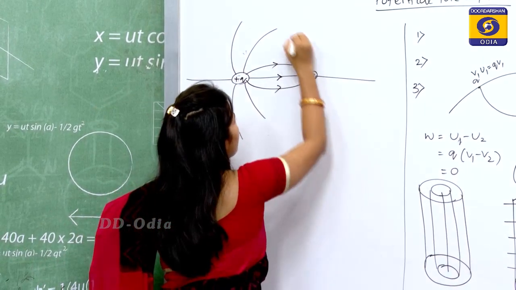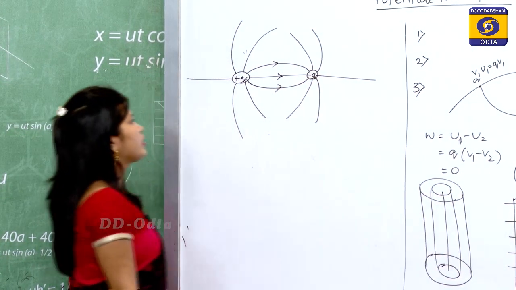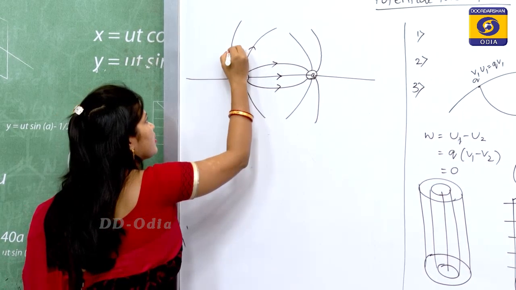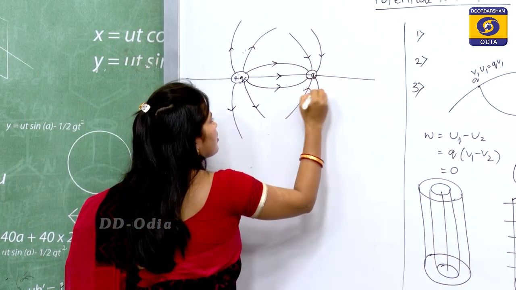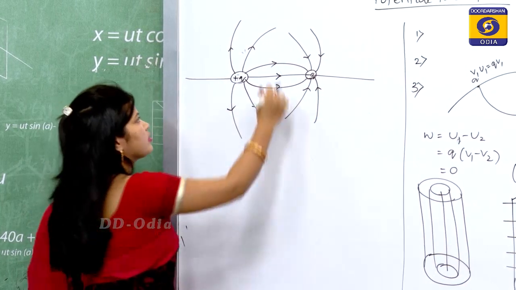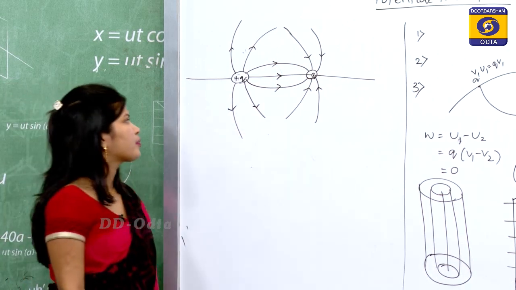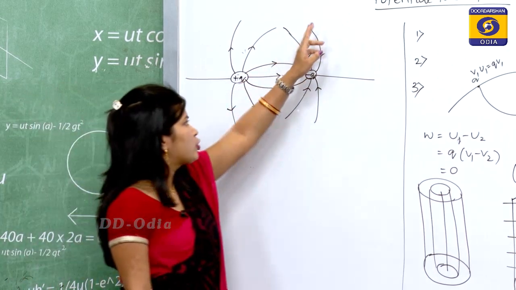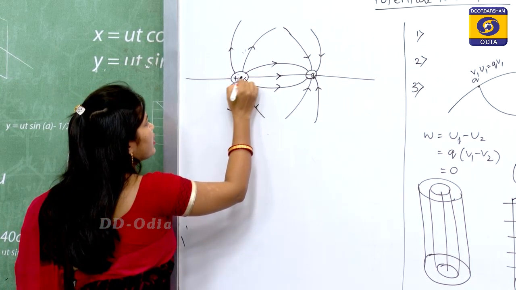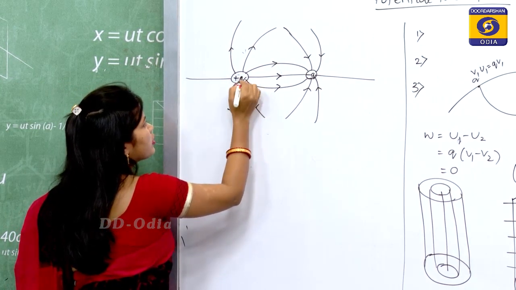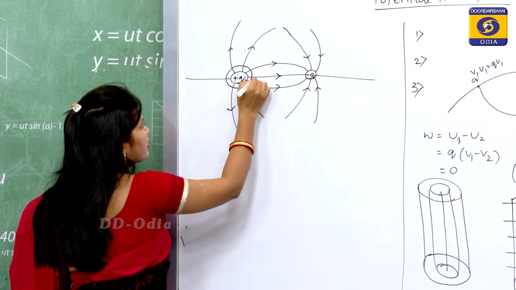You know very well the directions of electric field, how to draw electric field lines. Okay. So, these are the electric field lines. Now, I have to draw equipotentials. Then equipotentials, when you are very close to this point charge, you will find these are perfect spheres.